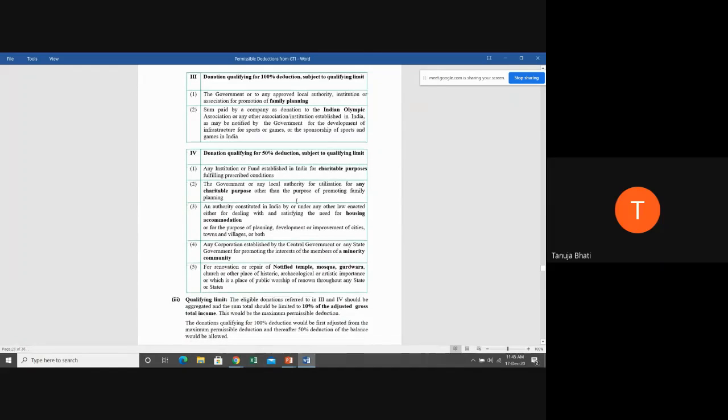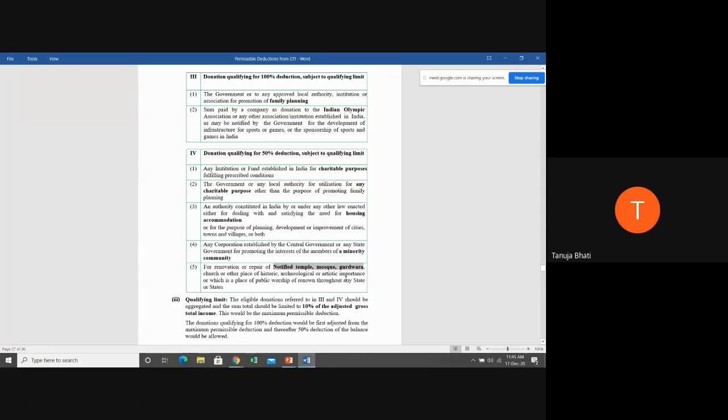And when it comes to 50% deduction subject to a qualifying limit, you just remember charitable institution: for charitable purpose, if any fund is created, or for housing accommodation for minority section, and for temples, mosque or gurudwara.